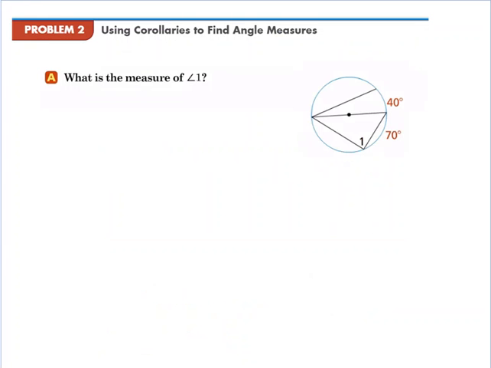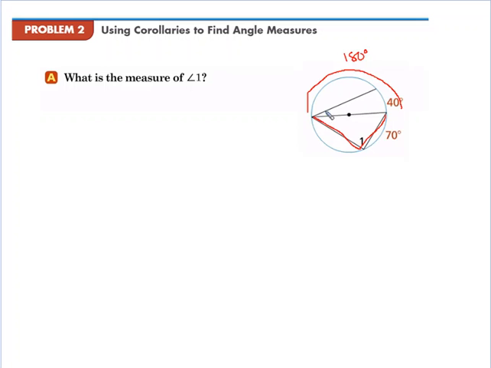So this is problem 2, part A, and we're looking for the measure of angle 1. And if you saw the last corollary, this is a quick answer because angle 1 opens right here. Here are the 2 sides. And across the top of this is a diameter, which means the arc across the top is a semicircle or 180 degrees.